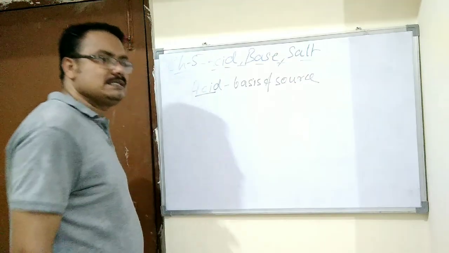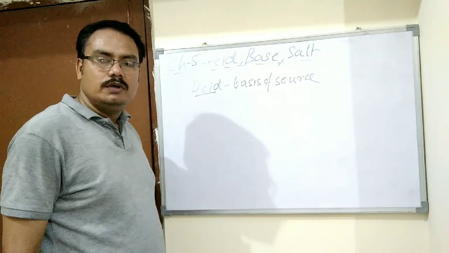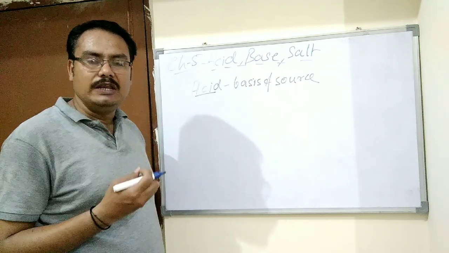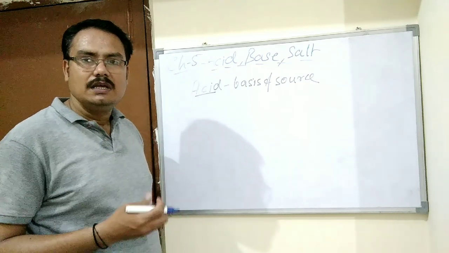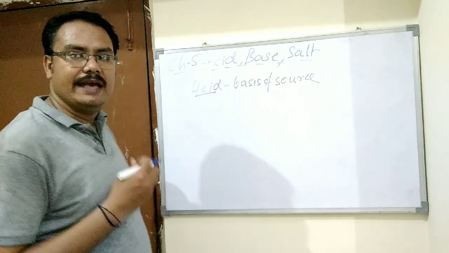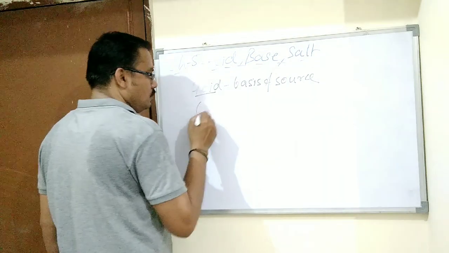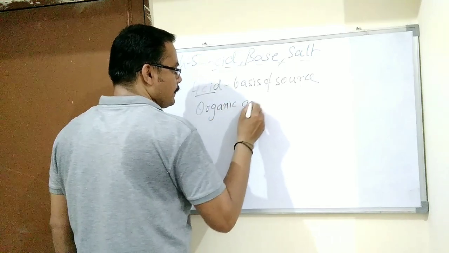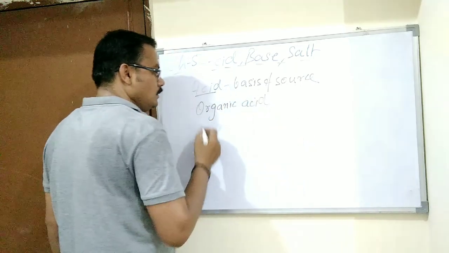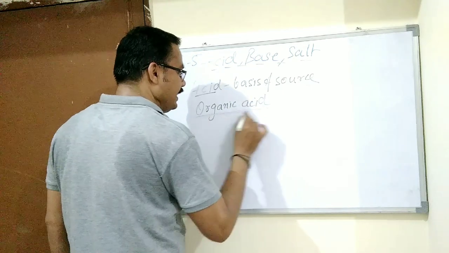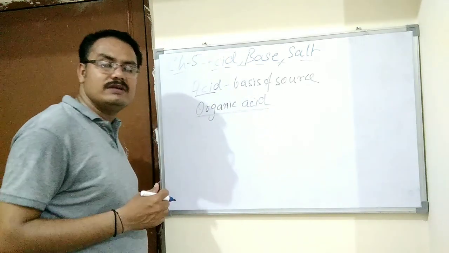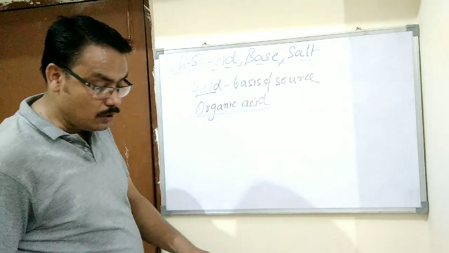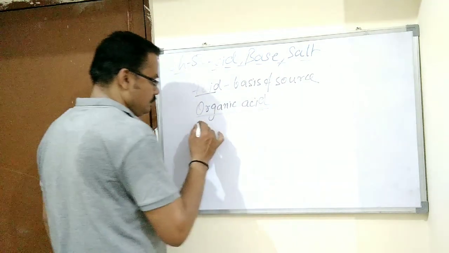Certain acids which are formed from organic substances, like from any fruit or vegetable, are called organic acids. But if any acid is made from certain minerals, it is called mineral acid.